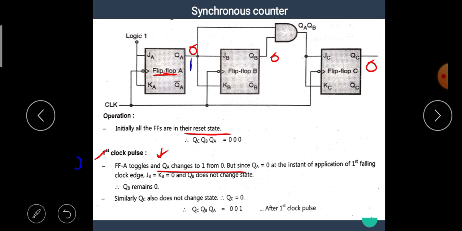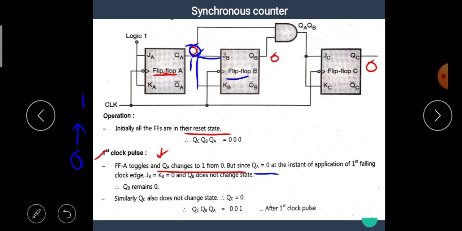That means there is a transition from 0 to 1. Hence QA becomes 1 now. But QA equal to 0 when the first falling edge of the clock occurs. Hence JB and KB have the value 0.